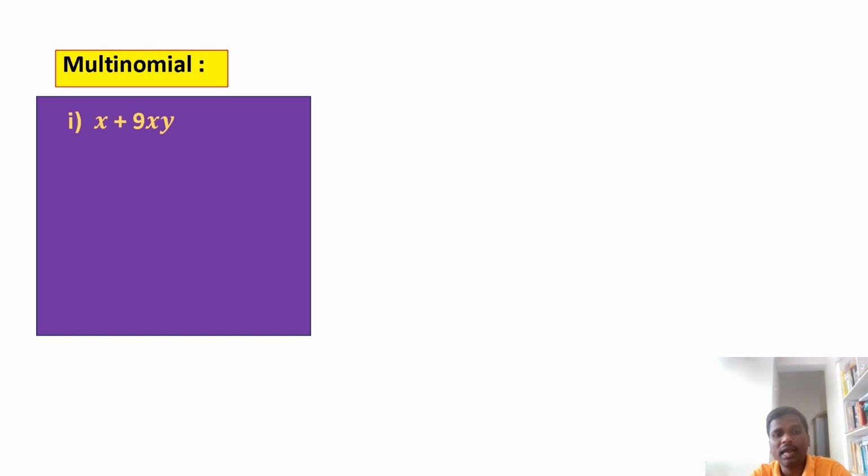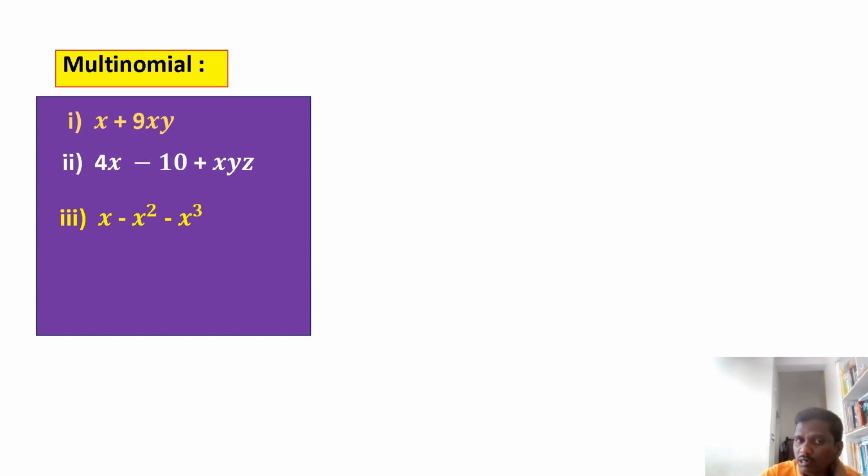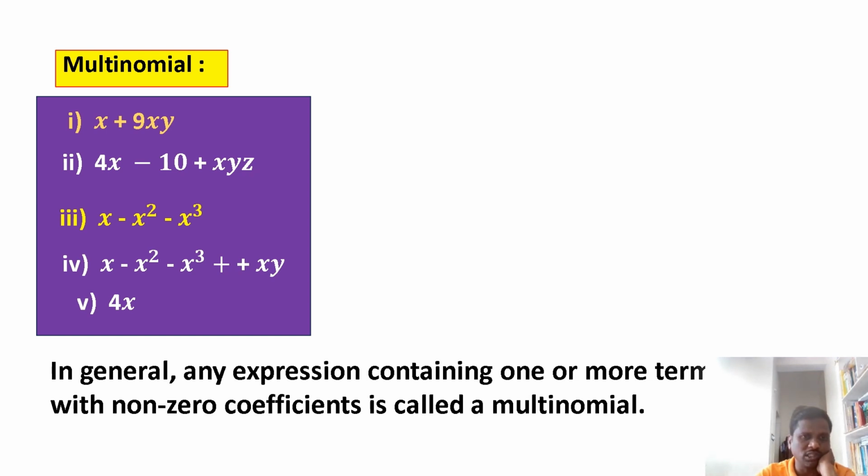So now, multinomial. What is the definition of a multinomial? x plus 9xy has two terms in the first case, three terms in the second case, three terms in the third case, and in the fourth case how many terms do we have? 1, 2, 3, 4, four terms. The fifth one has a single term.